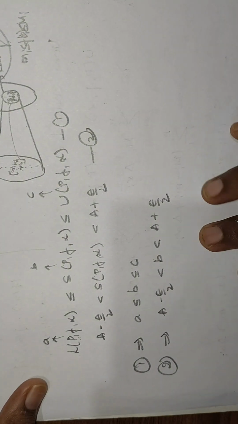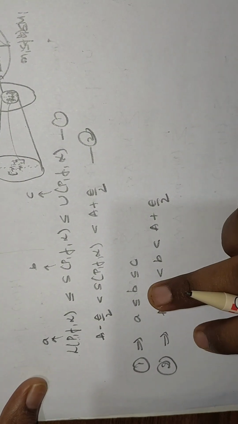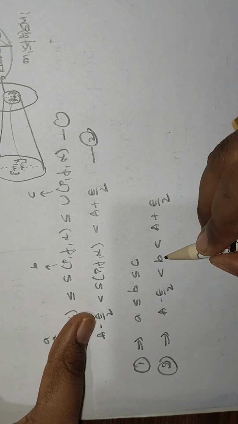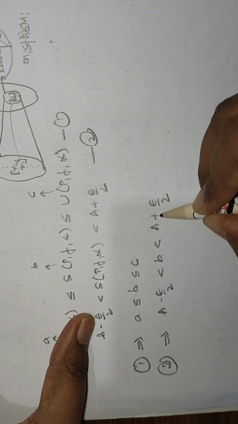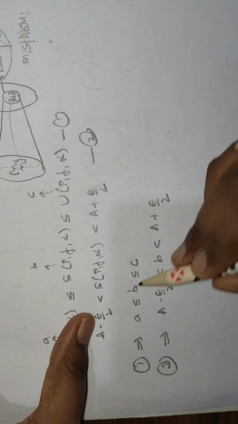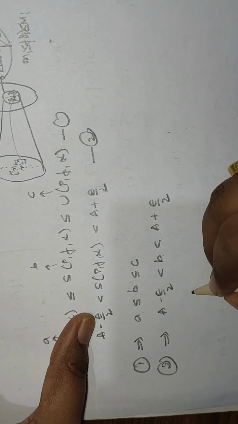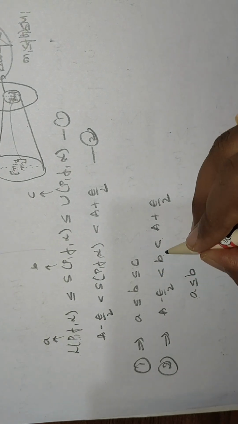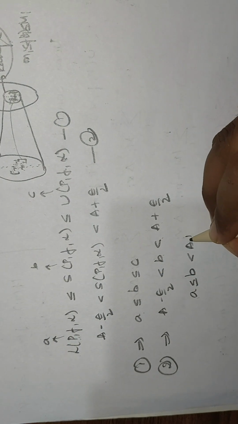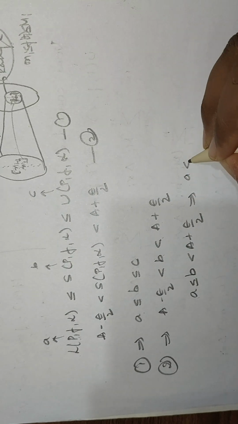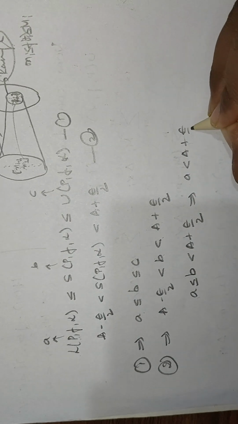Okay, see, if I have this, from these two I can write: since b is less than a plus epsilon by 2 and a is less than or equal to b, we have a less than or equal to b and b is less than a plus epsilon by 2. So I can write a less than a plus epsilon by 2.